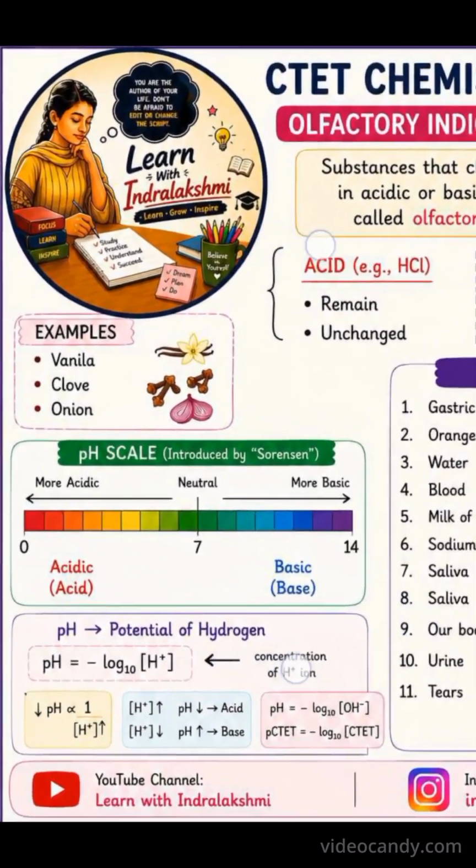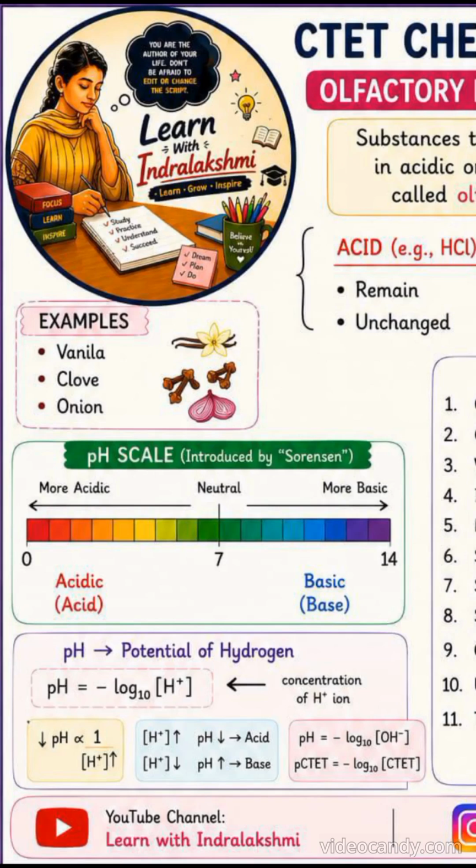Next is the pH scale. This was introduced by Sorensen. If the pH value is 7, it is neutral, and the more the value is less than 7 and nearing 0, the more acidic it is, whereas if the pH value extends from 7 and moves up to 14, it is more basic in nature.